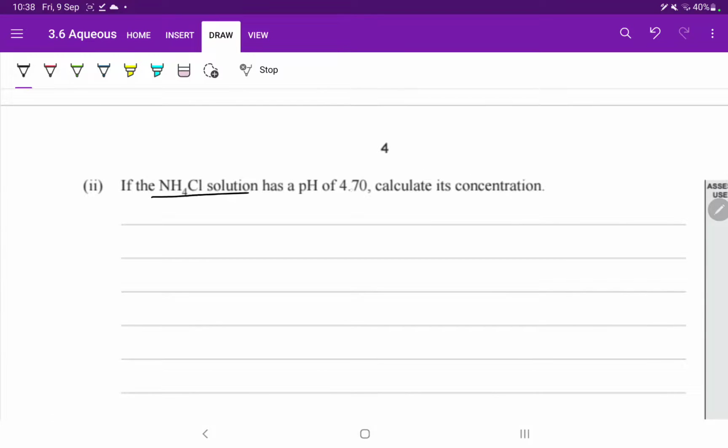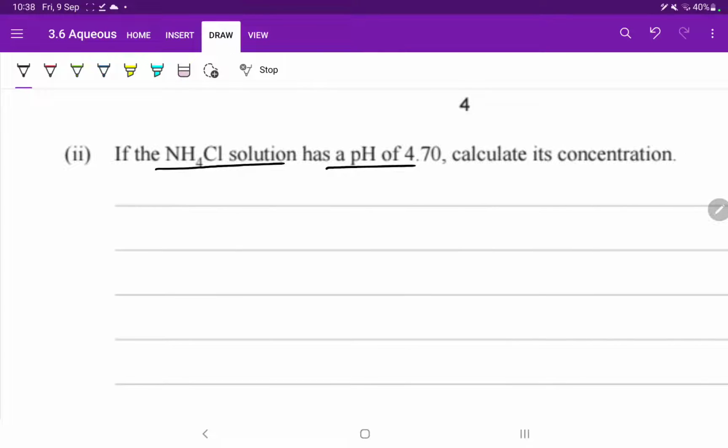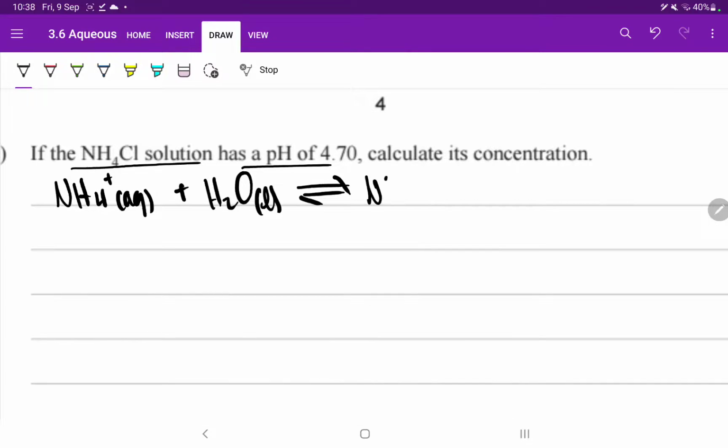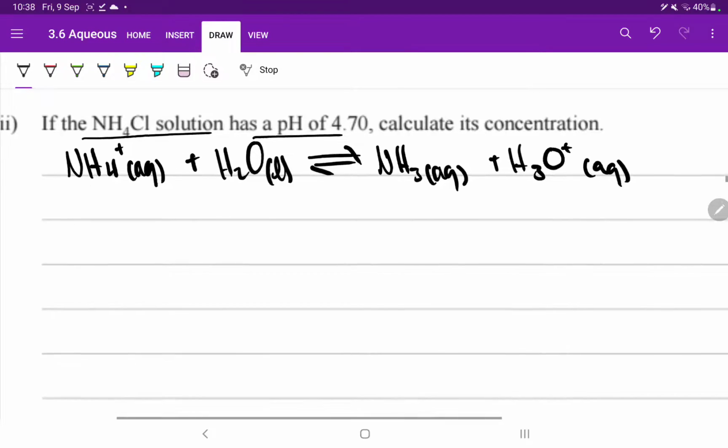If that has a pH of 4.7, calculate its concentration. Okay, so we have pH. First of all, let's write out the equation. What we're interested in is the ammonium aspect of ammonium chloride. So ammonium will react with water and form these products, right?